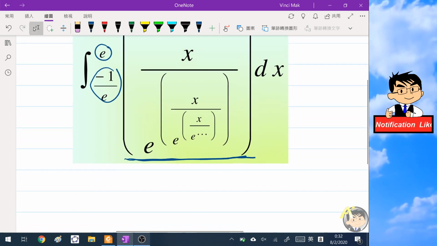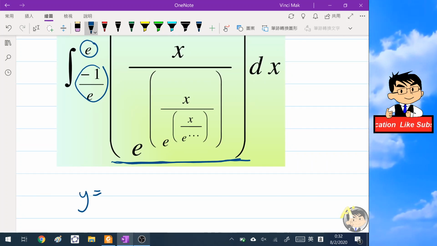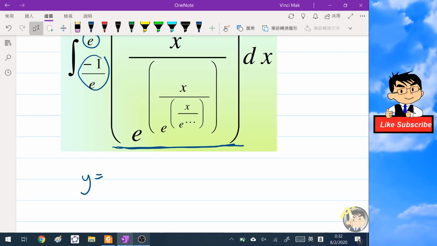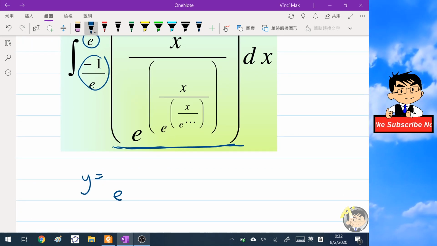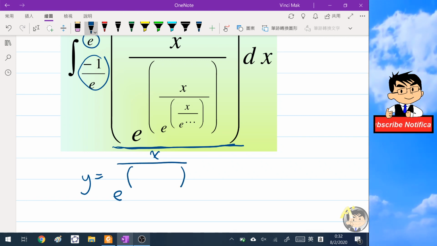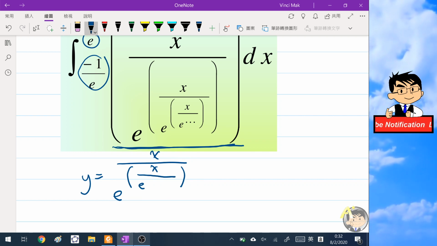So how about we let the integrand be y, and we can write it down like y equals x over e to the power of itself, right?